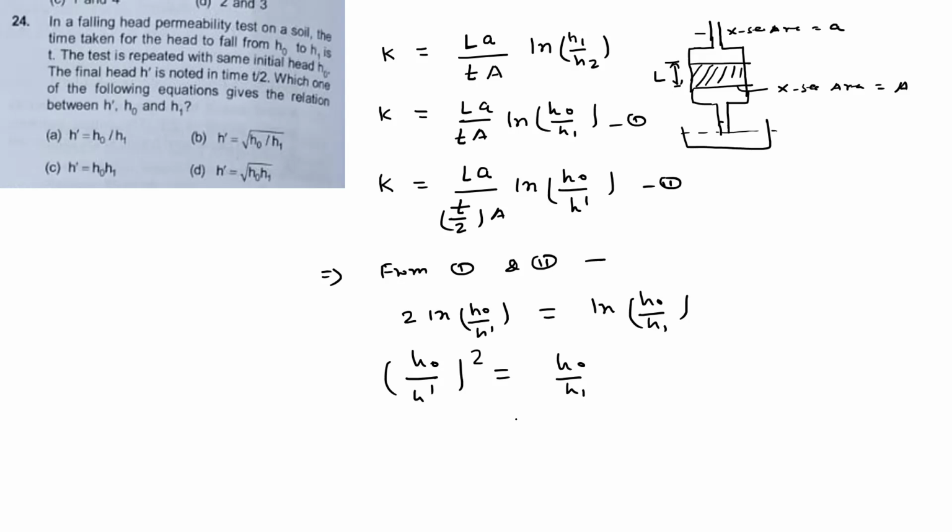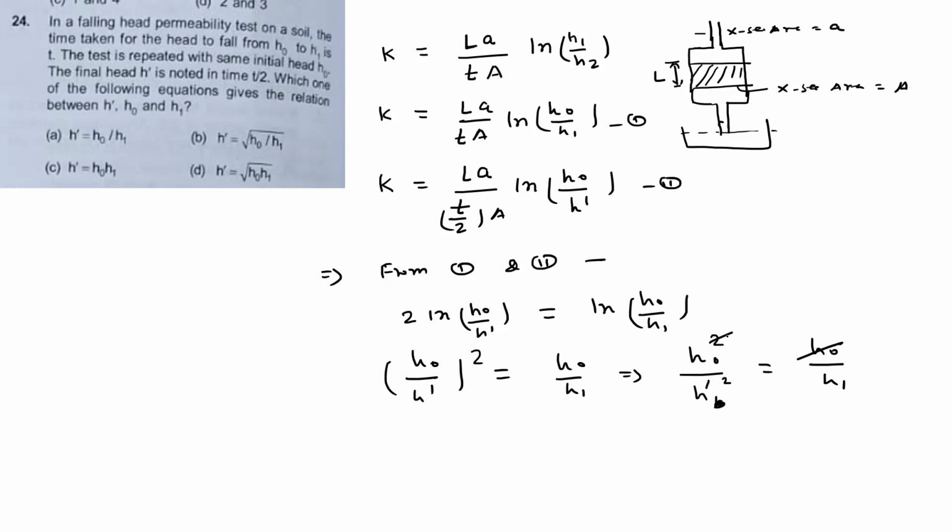So from here, H naught squared divided by H prime squared is equal to H naught by H1.